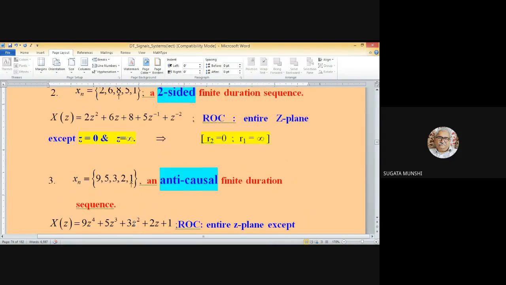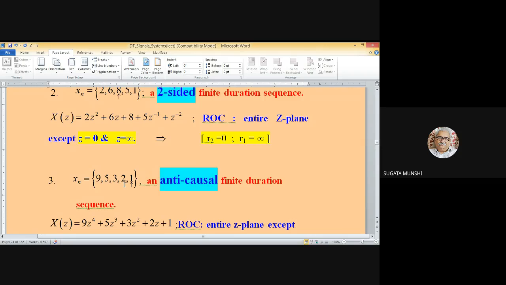In the next example, you are having an anticausal finite duration sequence. Just see, this is x[0]. There is no sample value to the right. That means x[1], x[2], x[3], x[4], x[5], x[6], all these sample values are 0. There are only a finite number of sample values to the left.